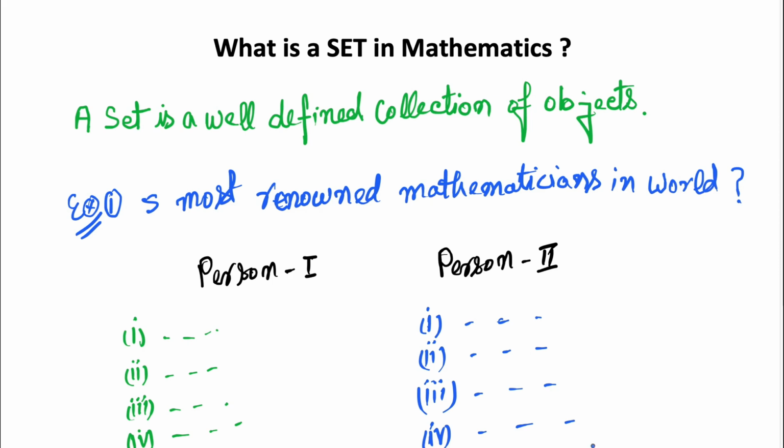So that's why we are trying to find out the meaning of a well-defined collection of objects. What is the meaning of well-defined? For example, for the five most renowned mathematicians in the world, the first person gives five names and the second person gives a different five names, or maybe one or two names will match. So a collection of the five most renowned mathematicians of the world is not well defined, because the criterion for determining a mathematician as most renowned may vary from person to person.